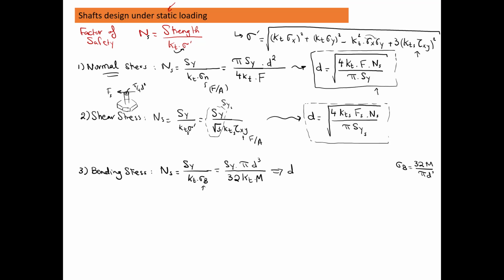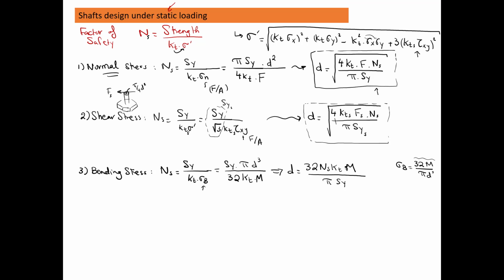Therefore, the diameter d based on bending stress will be equal to 32, the factor of safety, the stress concentration factor, times the bending moment M, divided by pi SY. So it's very similar to this form, except now we have, instead of 4, which is coming from the area, 32. That's coming from my definition here.